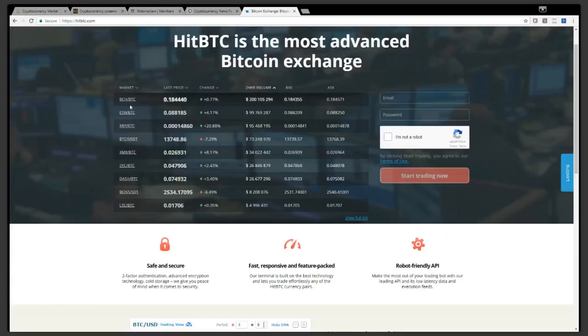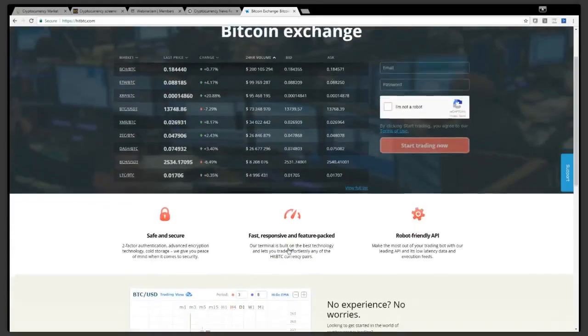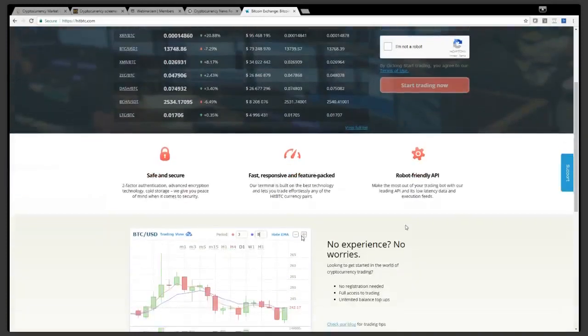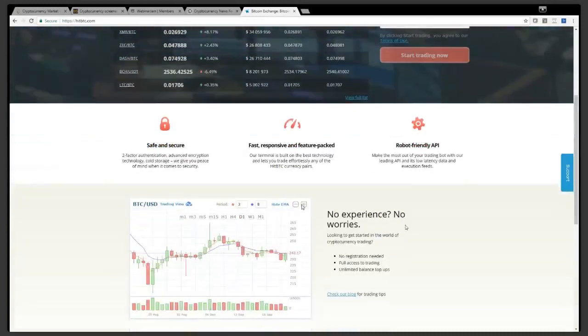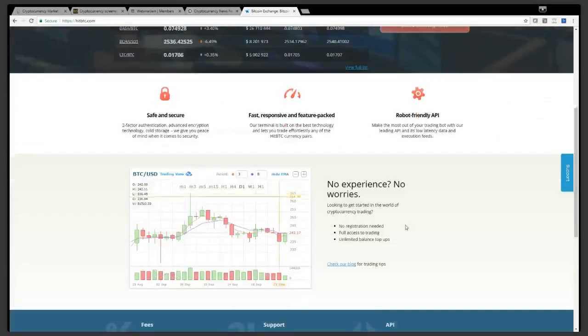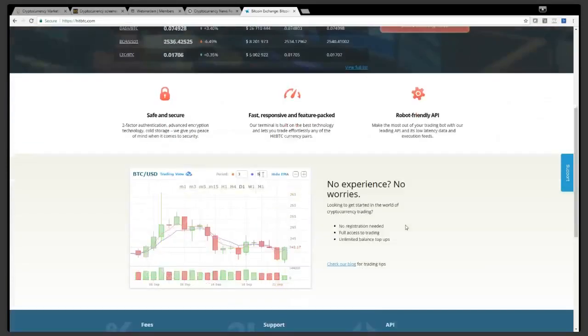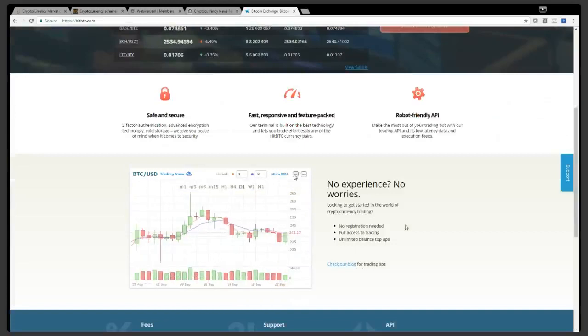You'll see the actual price, but they've got just about everything under the sun. It's safe and secure with two-factor authentication, as well as cold storage wallet technology. Fast, responsive. The servers have been a little bit backed up as of late, but you can also add APIs. In the next couple of weeks, moving towards the end of the month, I have my algorithm coming out, and my algorithm spots coins that pop and the ones that drop, and they diversify accordingly.